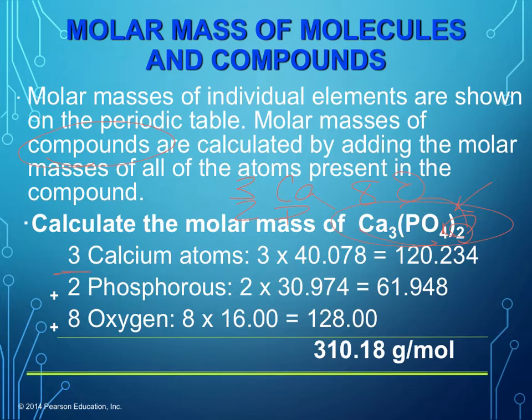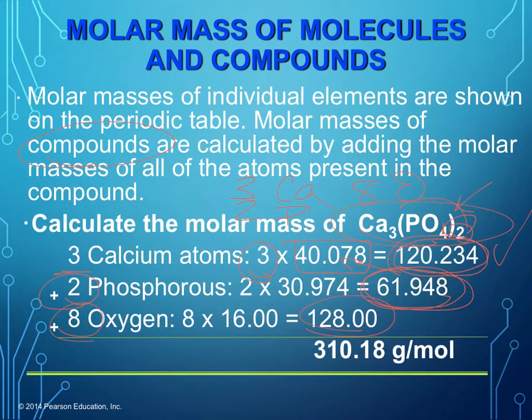So there are 3 calcium, so 3 times, look in the periodic table on calcium, you'll see that the average atomic mass is 40.078. So the mass of calcium in calcium phosphate is 120.234 grams. There are 2 phosphorus, so the contribution of phosphorus to the mass of calcium phosphate is 61.948. And the mass of oxygen in calcium phosphate is 128.